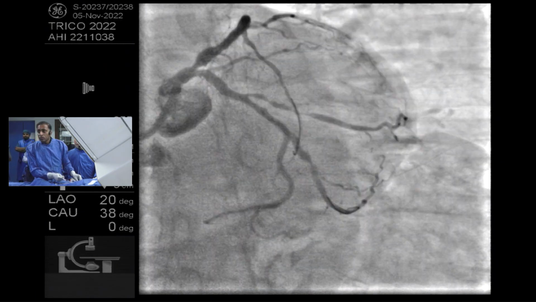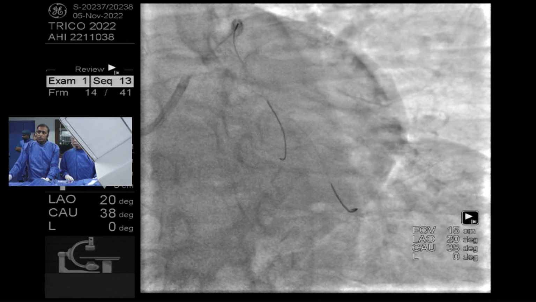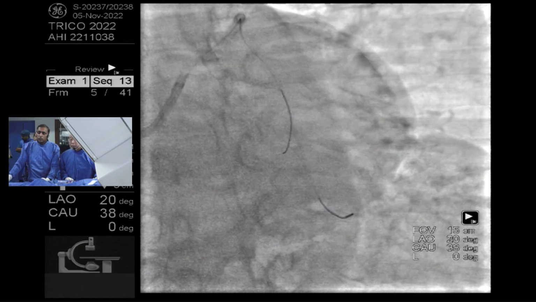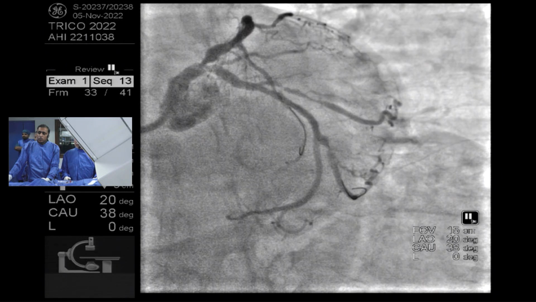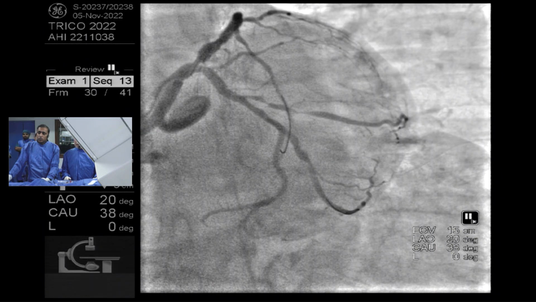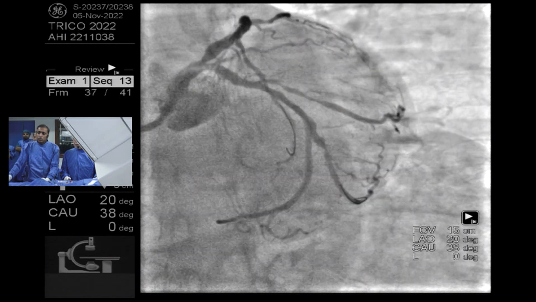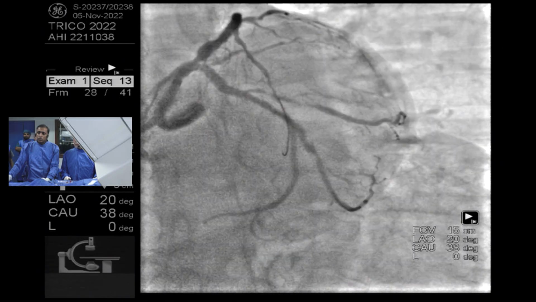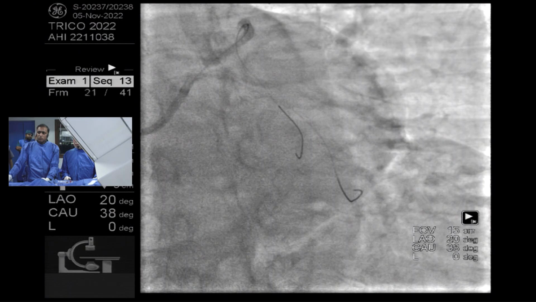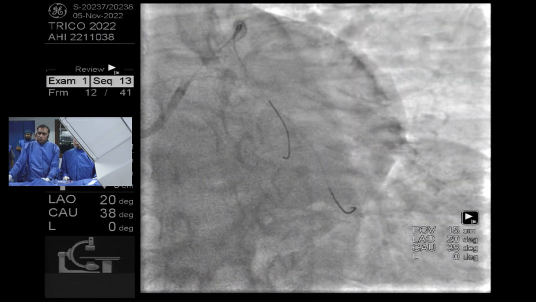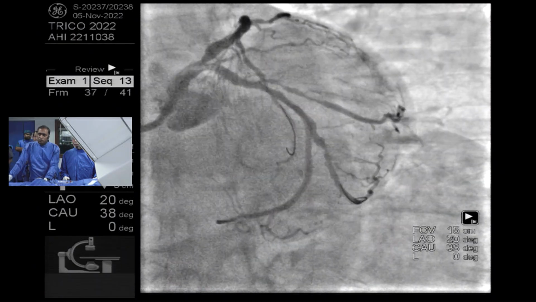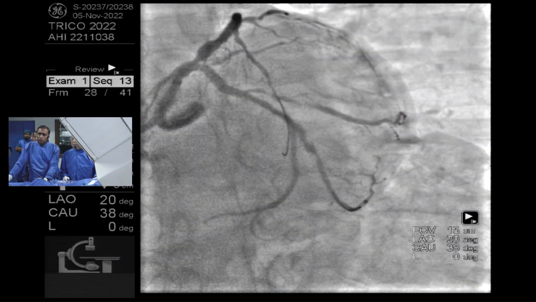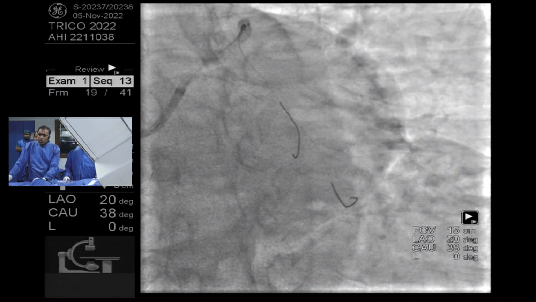Okay. Which side do you want? There is some aneurysmal dilatation, so maybe we have to take a 3.5 millimeter stent for this branch. 3.5. Distal is smaller.